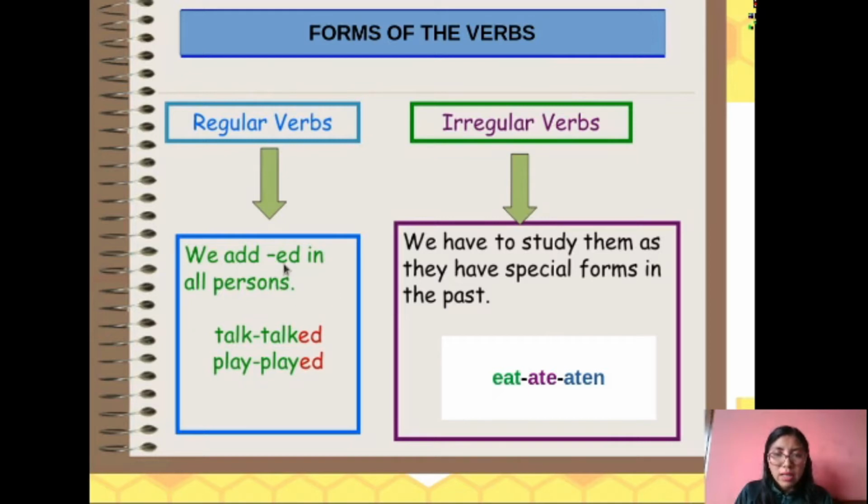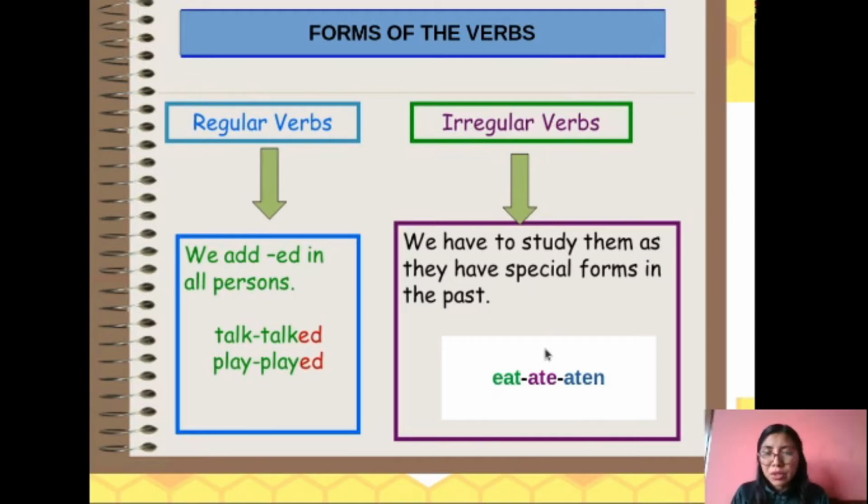Add ed. But in irregular verbs, we don't have any rule. No hay ninguna regla que nos indique cómo hacemos los cambios para las diferentes formas, ¿ok? So, we have to study and we have to memorize. La única manera de saber es estudiar y memorizar, ¿ok? So, today we are going to learn some verbs. Hoy vamos a aprender algunos verbos, ¿ok?